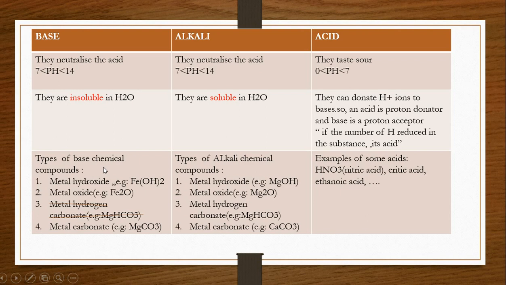Okay, so there are generally four rules for the types of base or alkali chemical compounds, which follow these formulas. For example, in the base, metal hydroxide, metal oxide, and metal carbonate form bases.